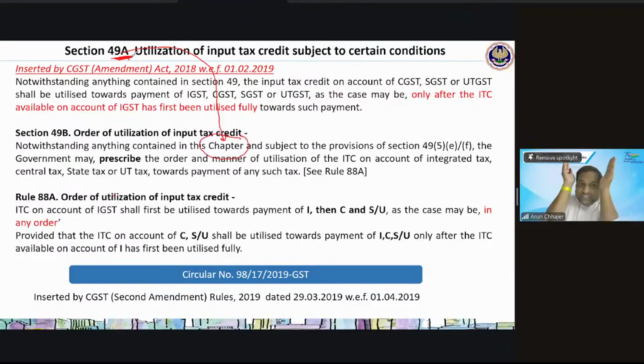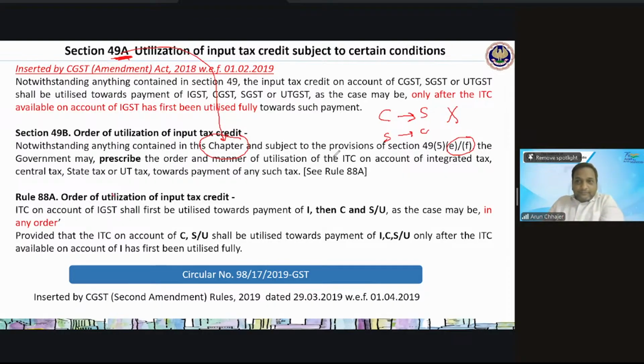Now, first we need to see the condition of 49B and then we have to see the condition of 49A. 49B says that you will follow E and F. So C can give to S, S can give to C? No. Those two conditions will prevail.